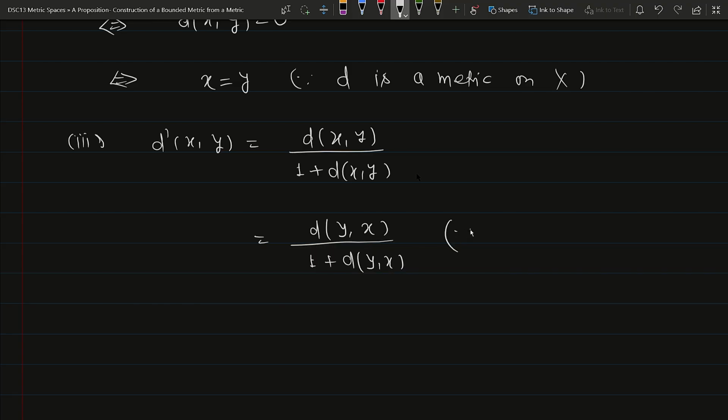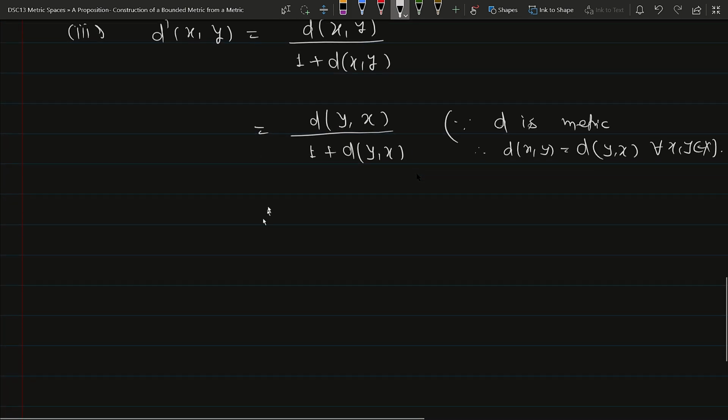Why can we write this? Since d is a metric, therefore d of x comma y must be equal to d of y comma x for all x, y in X. This is the reason behind it, and from the definition this must be equal to d prime of y comma x, and this is true for all x and y in X.